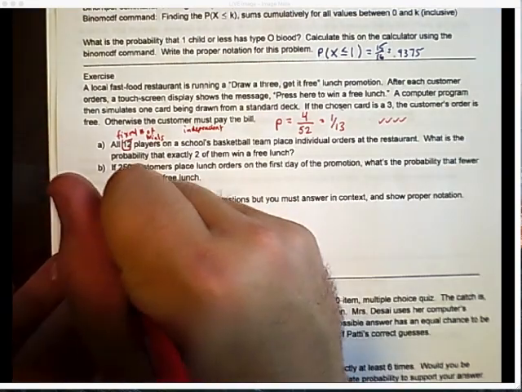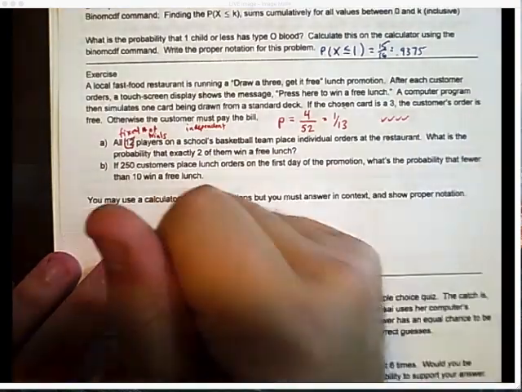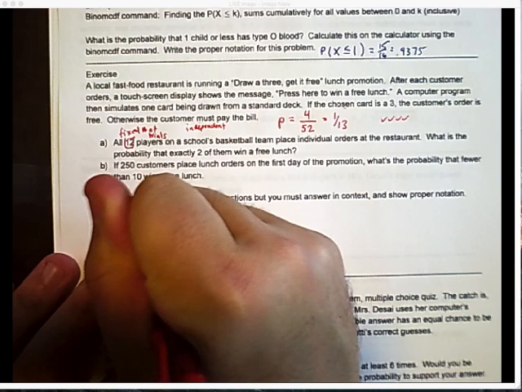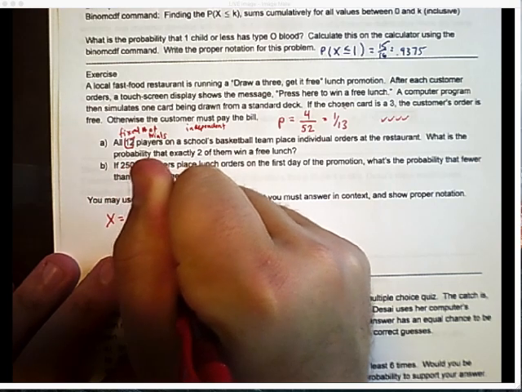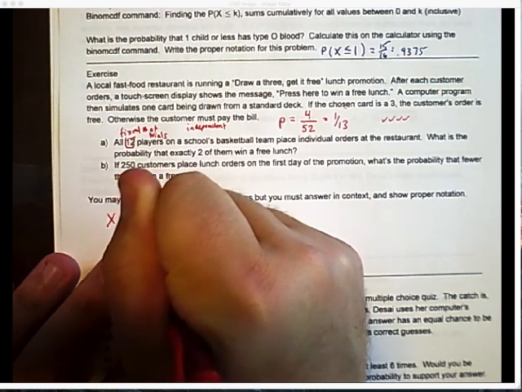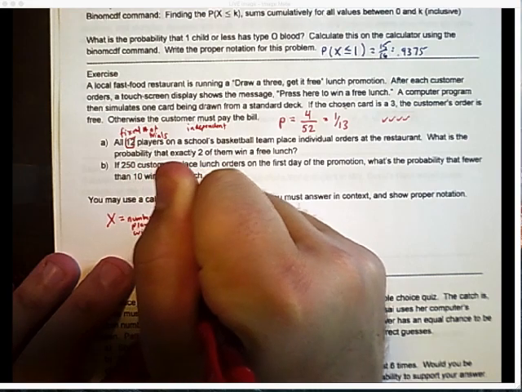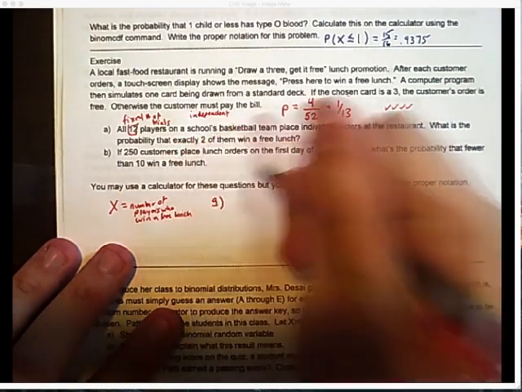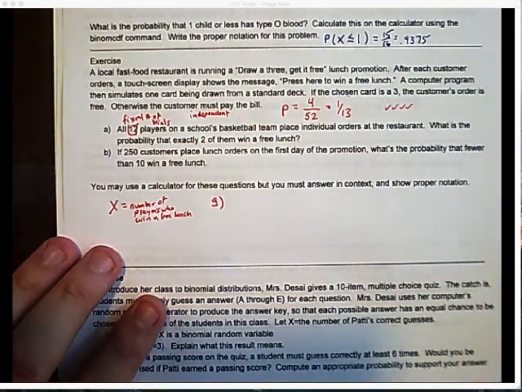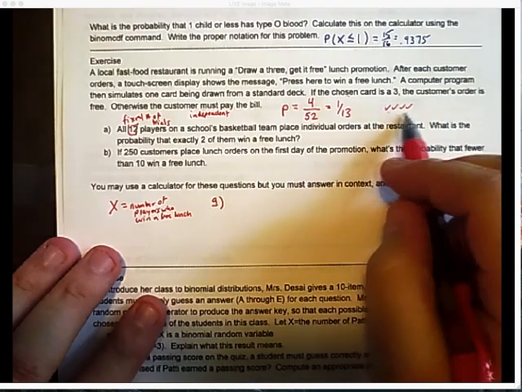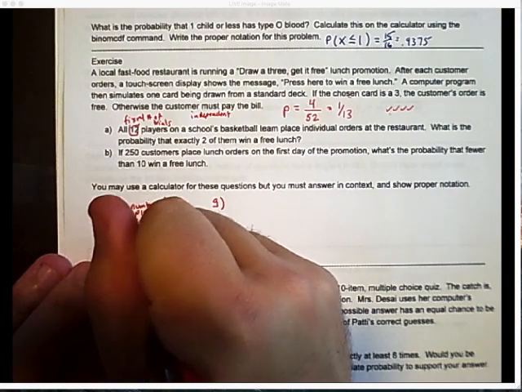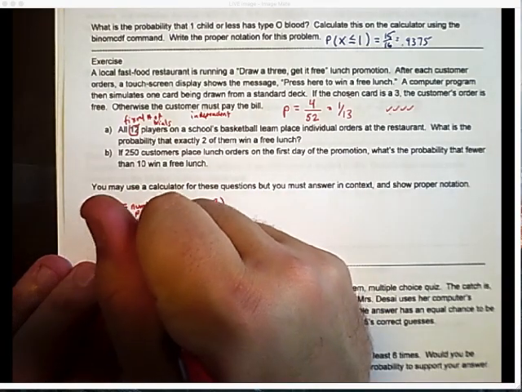So let's let x equal the number of players who win a free lunch. All right. So in part A, what we're trying to do, and let's define this. Since it meets all 4 of the binomial conditions, x is a binomial variable with n equals 12.